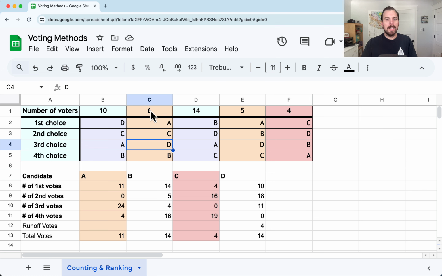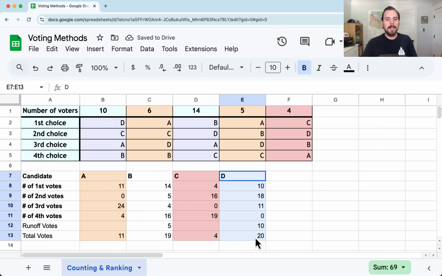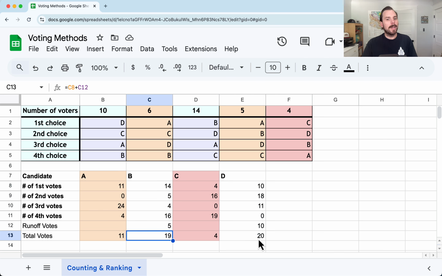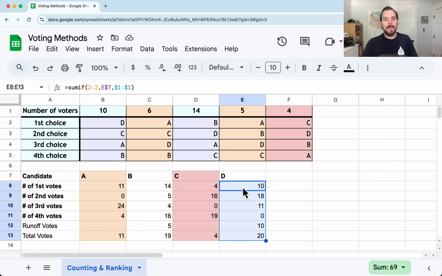That means these 6 people are going to add 6 more votes to D. That'll move the runoff votes up to 10 for D. These 5 people, their top choice A was eliminated. Their second choice was B. We have 5 people transferring here. Now we only have B versus D left, and it is close, 19 versus 20, but we see D coming out as the victor there.